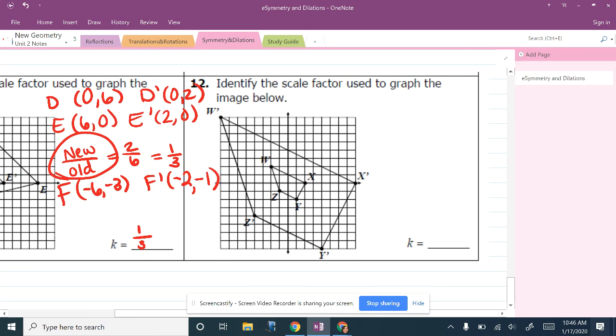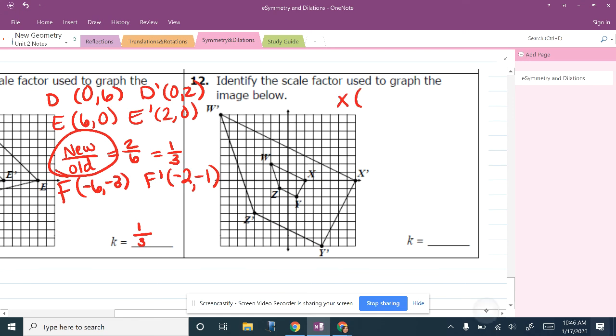Look at this one. What happened here, an enlargement or a reduction? Enlargement, because the original one is the inside trapezoid. Y'all see that? And the new one's the outside, because those have the little primes. All right, so somebody give me a coordinate for X. It's 2, 0. What's X prime? 8, 0. Let's just do W. What are W's coordinates? -2, 2.